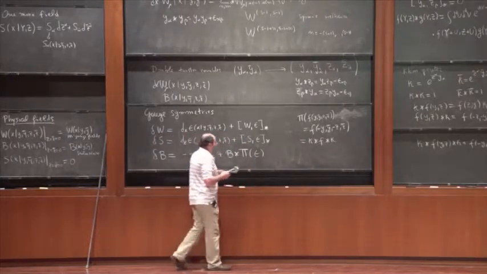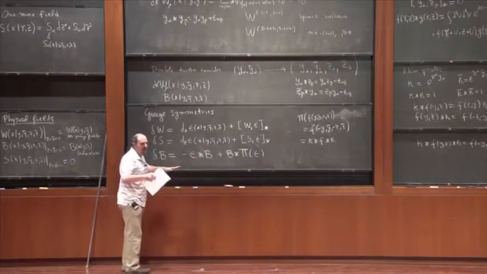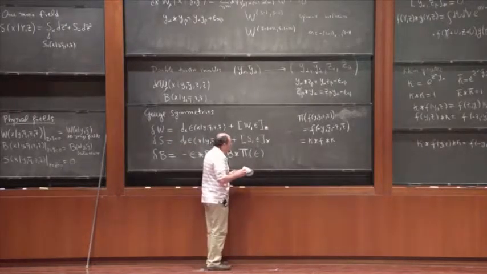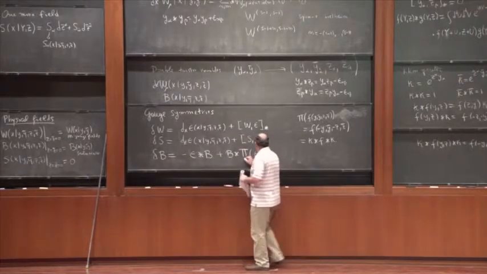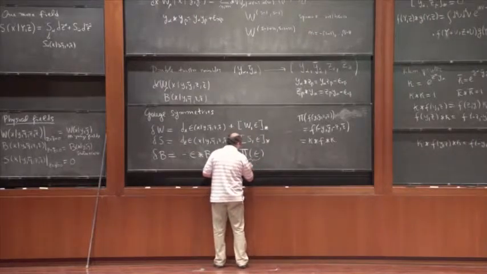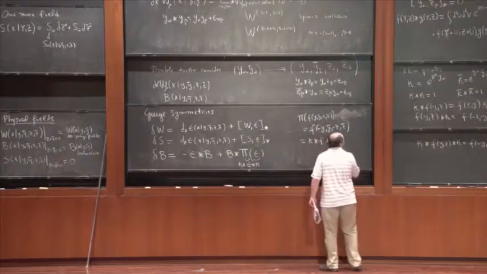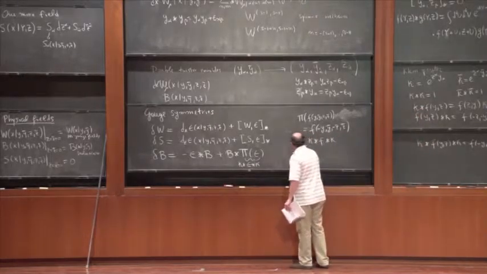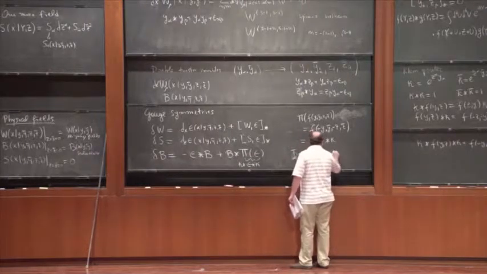But let me just tell you that if you don't do this, you will find a system of equations at the linear level which is empty. There are no propagating degrees of freedom. All right. So notice that because this can be represented as epsilon, kappa star epsilon star kappa, and because kappa squares to 1 under star product, that means that the field phi, which is B star kappa, is a regular adjoint.